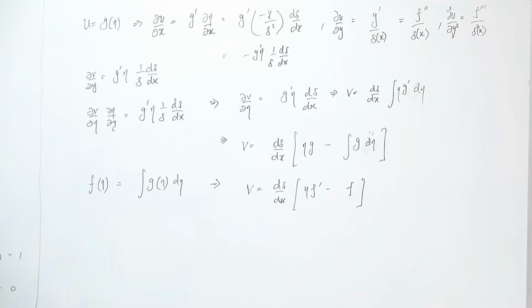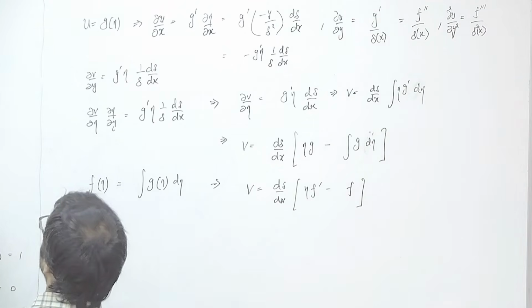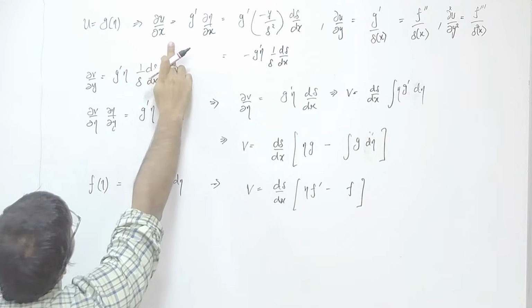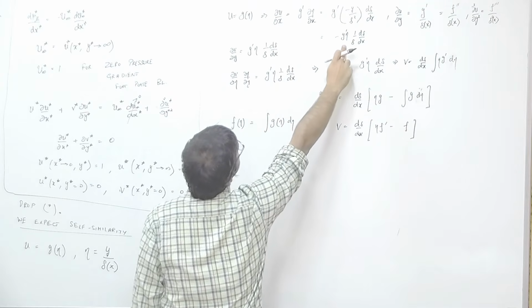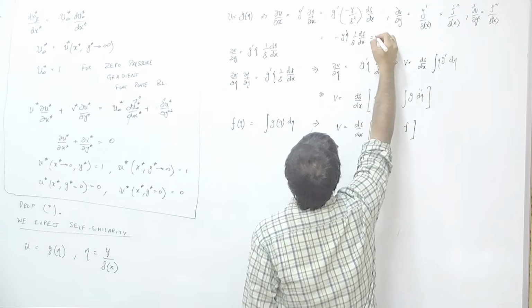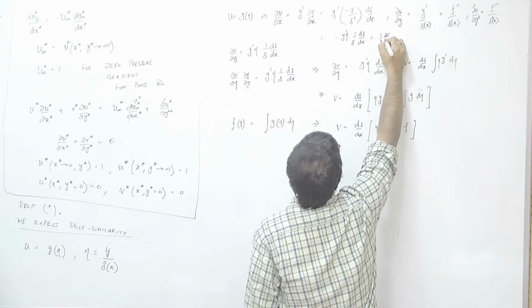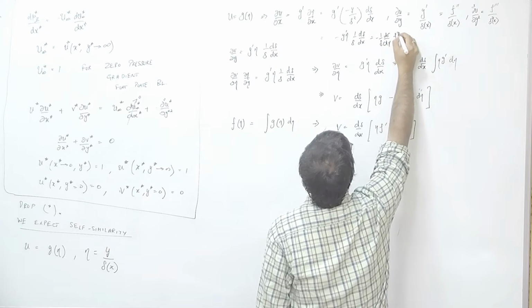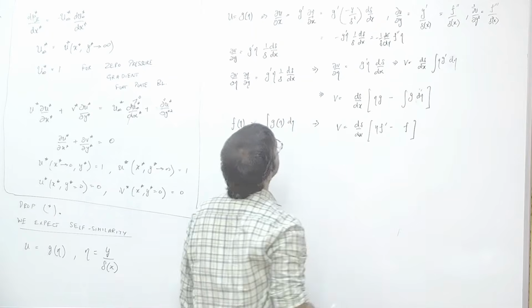And then now we substitute that in our momentum equation. So u times del u by del x. So del u by del x was this. Let's write it in f. So that is 1 by delta d delta over dx. G prime is f double prime, so minus of f double prime times eta.